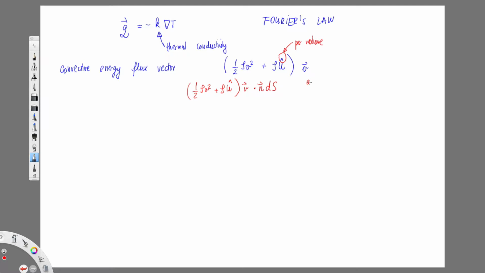So this is going to be the amount of energy that flows in through the surface of area dS and whose normal is n.